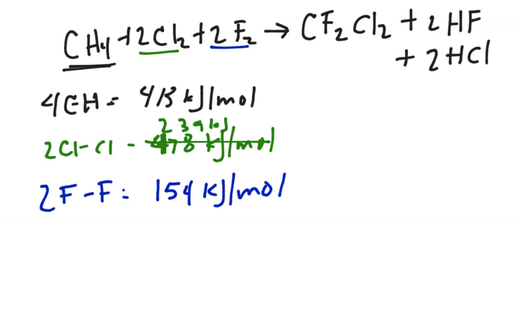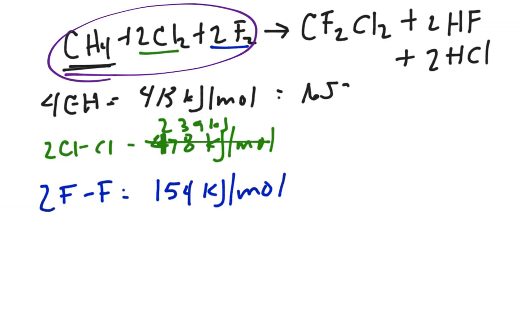Okay, so all my bonds that I have together on this side of my equation, if I add up all of their independent energies, I'm going to get, this one is 1652, so the 4 times the 413.